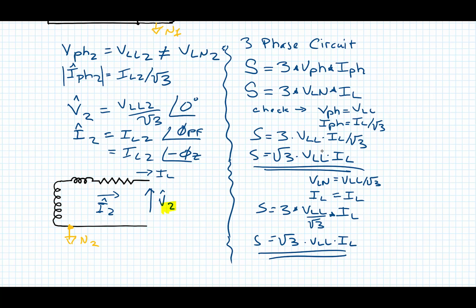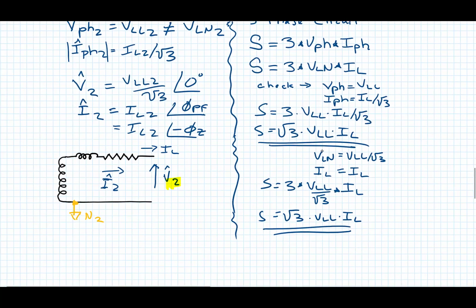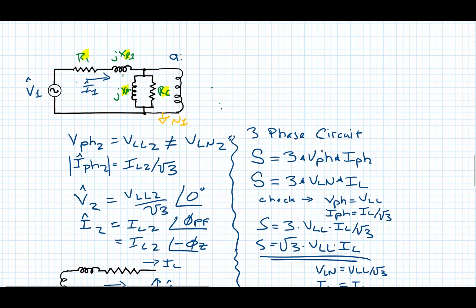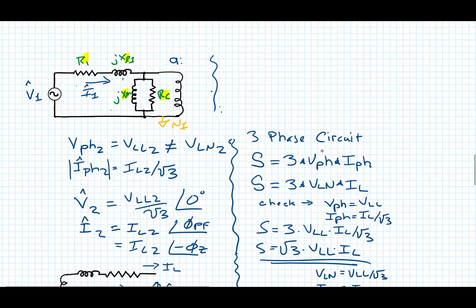And so the only other thing we need to think about is, we go back here, we have a turns ratio, and we're using our line to neutral circuit to define our turns ratio. Turns ratio is always going to be the ratio of the primary voltage to the secondary voltage.